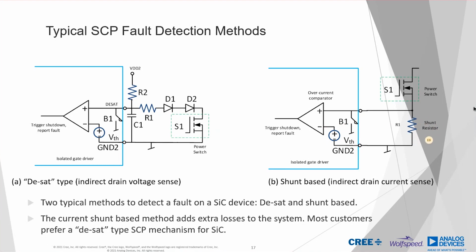For small converters, the power dissipation for that won't be too bad, and it works fine. For larger power converters, the power dissipation for the shunt resistor is going to be a limiting factor and is not usually practical for the larger applications.